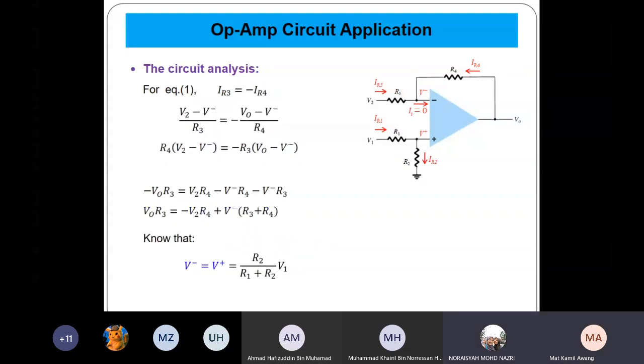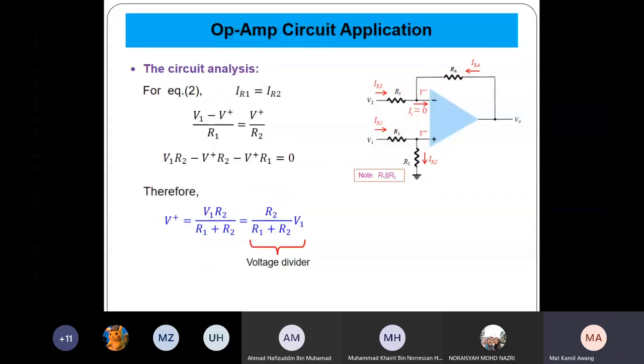This equation is from here. And you know that V plus and V minus are the same point, because this is virtual ground. Remember? It's always V plus equal to V minus. So this R2 over R1 plus R2 times V1 is from the previous equation, from the previous slide, from here.